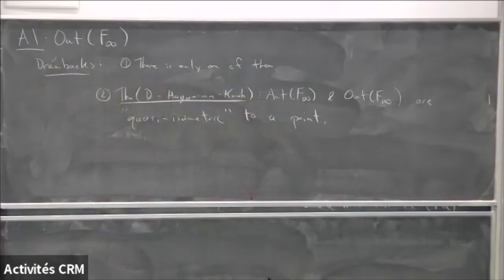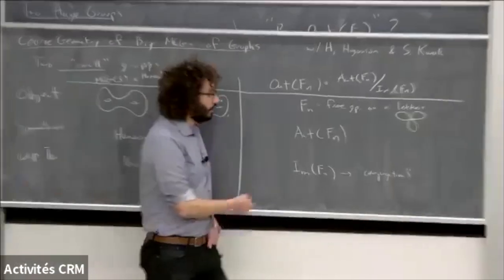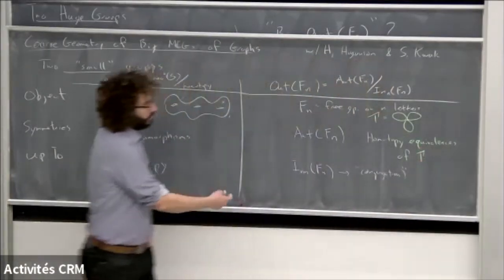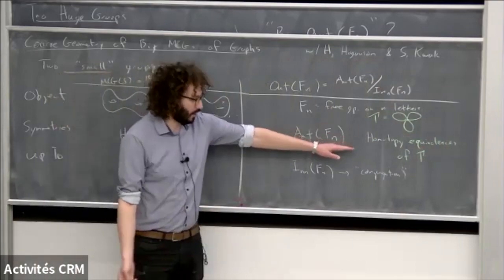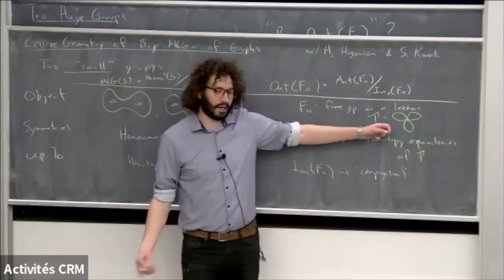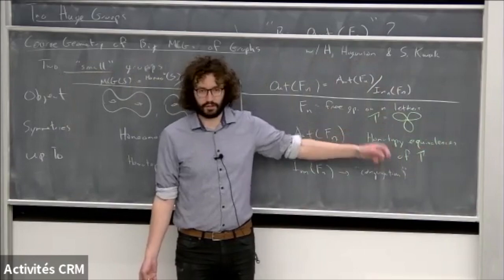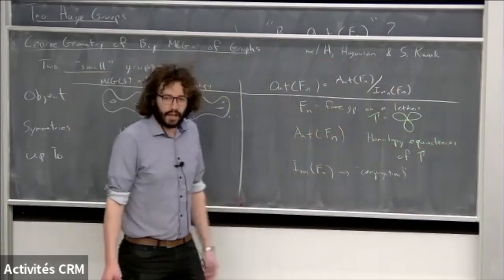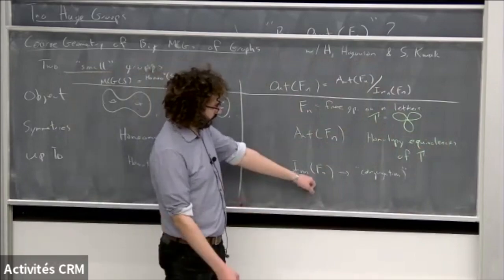So this has fundamental group F_3. And now instead of automorphisms of the group, you can study homotopy equivalences. Any homotopy equivalence gives you an isomorphism on pi_1, so it determines an automorphism of the free group.